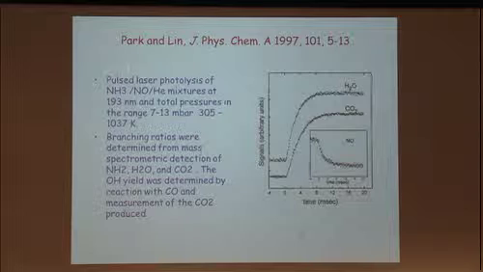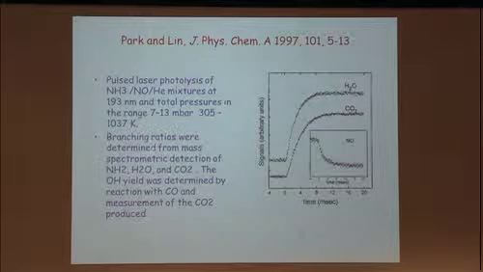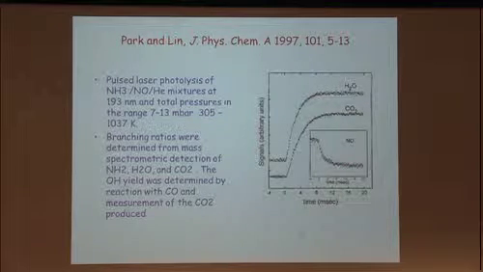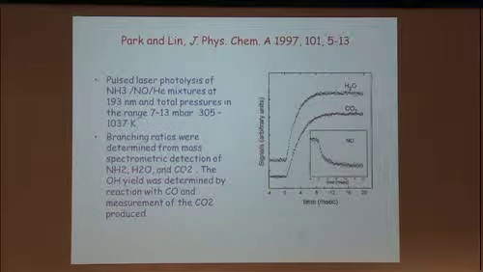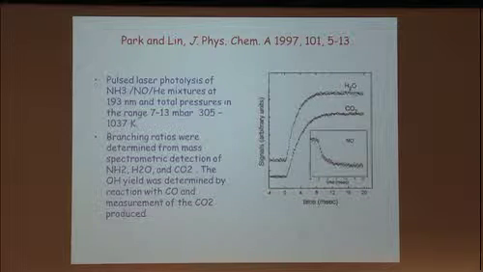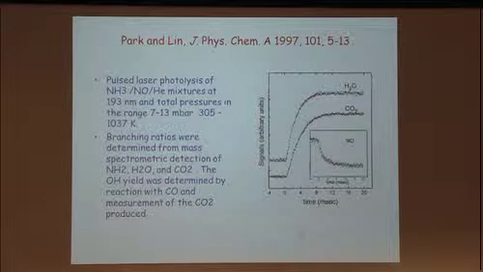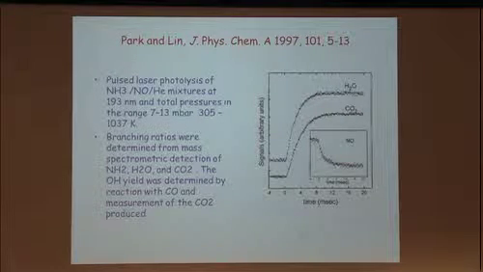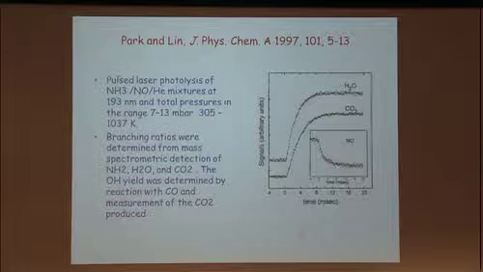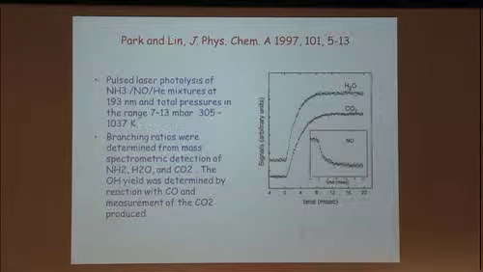So they were using pulse laser photolysis coupled with mass spectrometry, and detecting NH2, H2O, and CO2. And they couldn't detect OH using mass spectrometry directly. It's too short-lived. So what they did was to add CO to the system and use the reaction between OH and CO to form CO2 as a means of determining the amount of OH that was there.